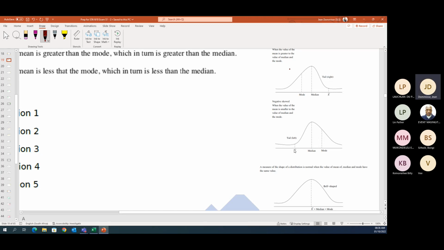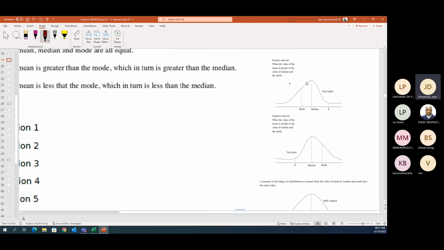Your mean is more to that side. Your median is always where that curve basically makes the turn, and here the mode is bigger than the median. When we've got the right or positive skew, it's just the opposite.